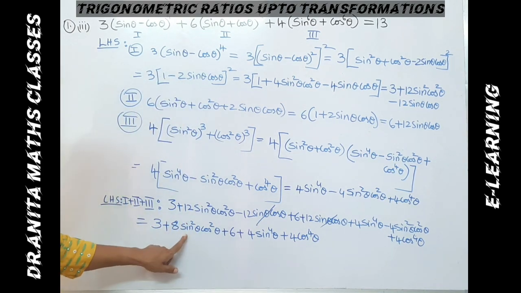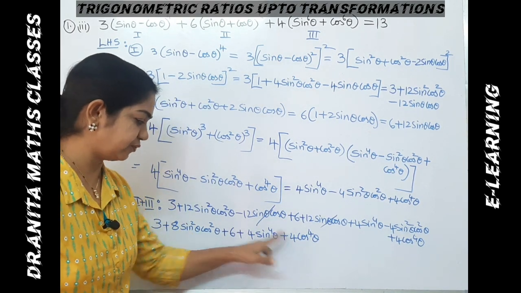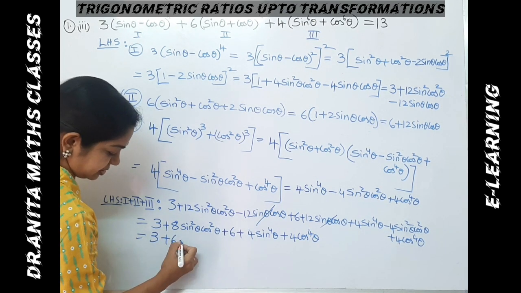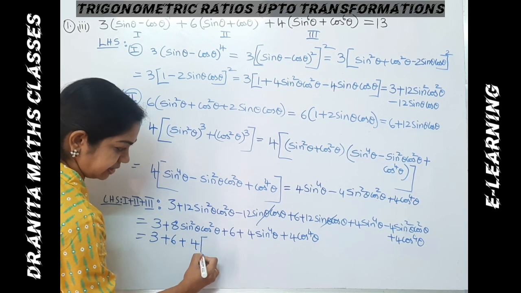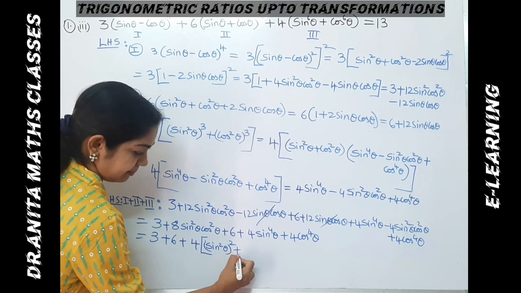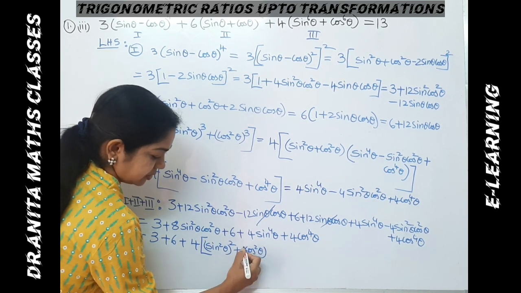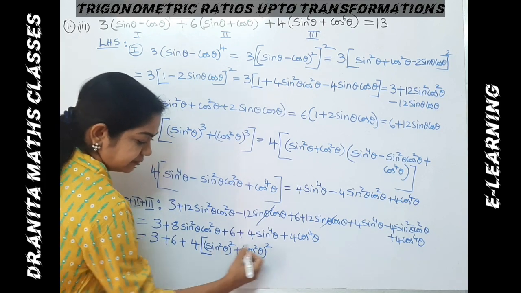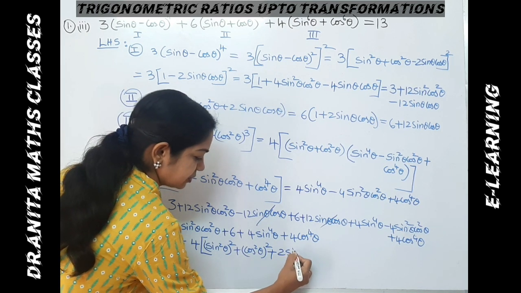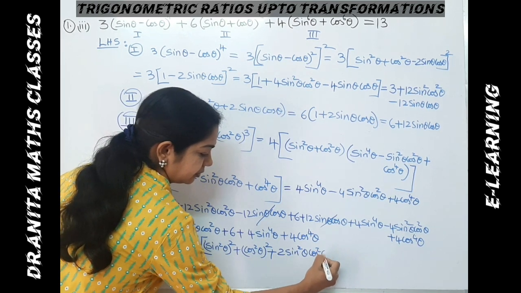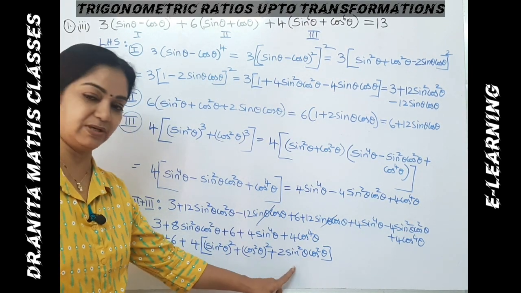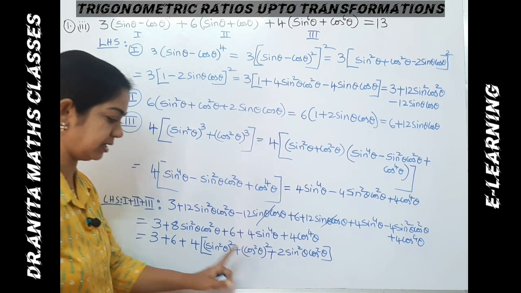Here if you see these, let me write the constants on one side, 3 plus 6. If you take 4 common here, it comes to sine square theta whole square, plus cos square theta whole square, plus, if I take 4 common, the leftover is 2 sine square cos square. So this comes to the algebraic identity (a plus b) whole square, where a is sine square and b is cos square.